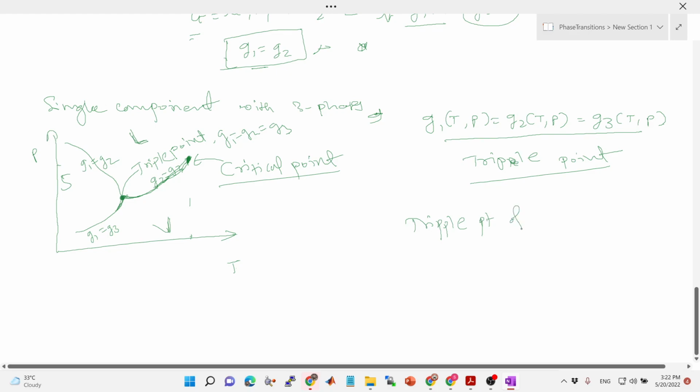So if we look at the triple point for water, T, let's call it T0, is around 0.0078 degrees Celsius, and P0 is 0.006 atmosphere.